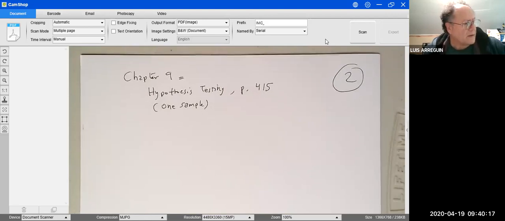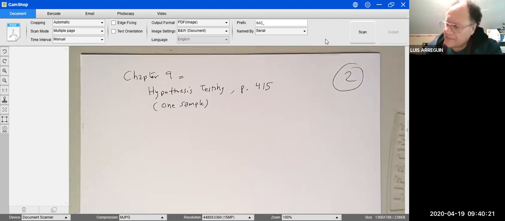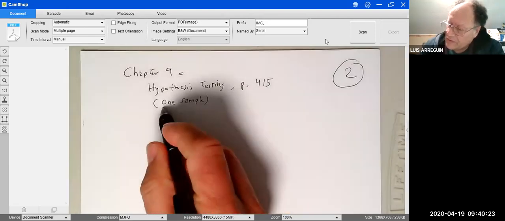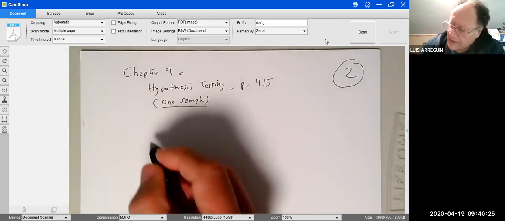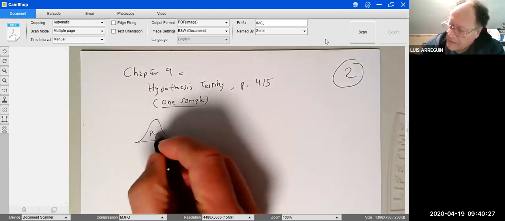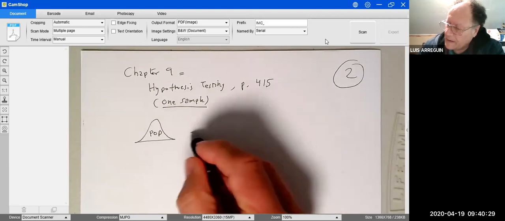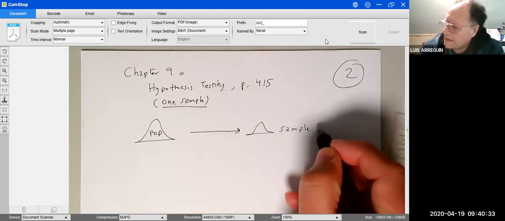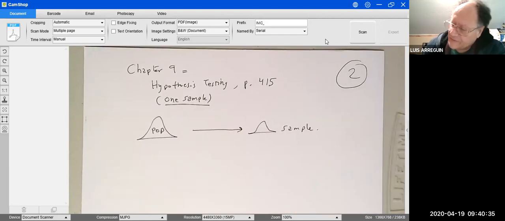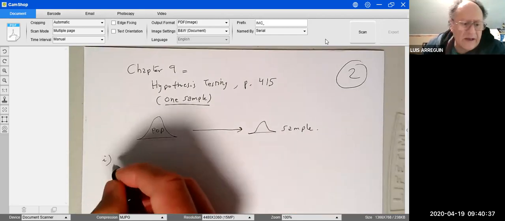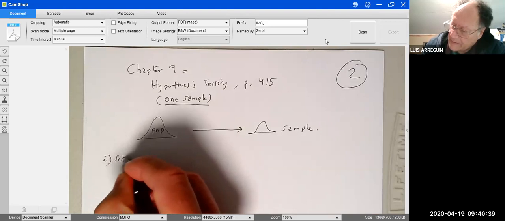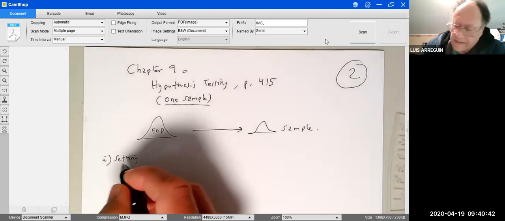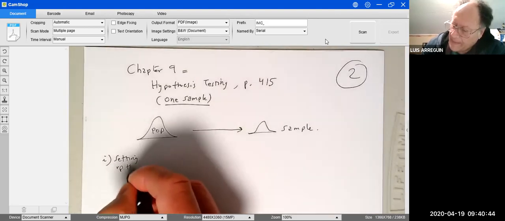So what we're going to do now, in this chapter, we're going to work with one sample only. So again, we're going to start with a population. We're going to collect a sample, and the first thing that we're going to do is set up the problem.